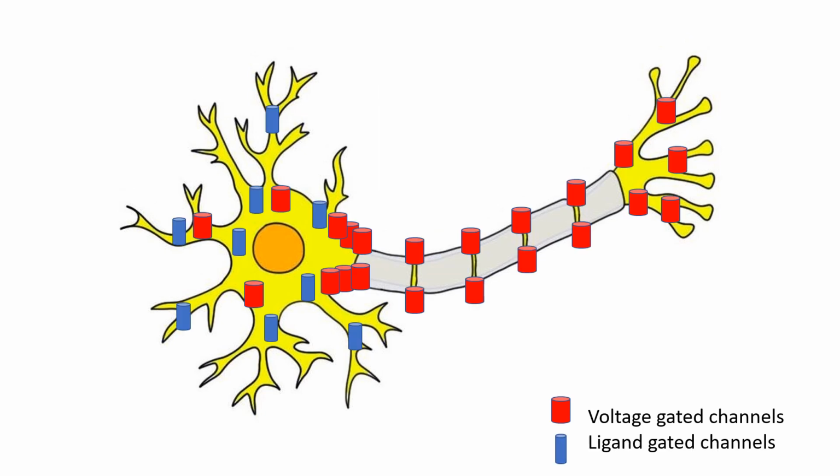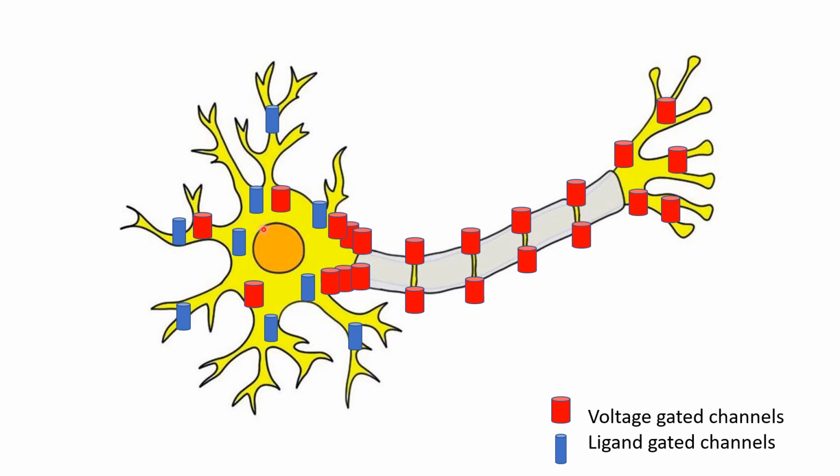Now, different functions in these different parts of a neuron may result from the different distribution of ion channels. As you noticed here, the blue color is ligand-gated channels, whereas the red color is voltage-gated channels. And you know previously that in order for an action potential to take place, we should have voltage-gated channels.